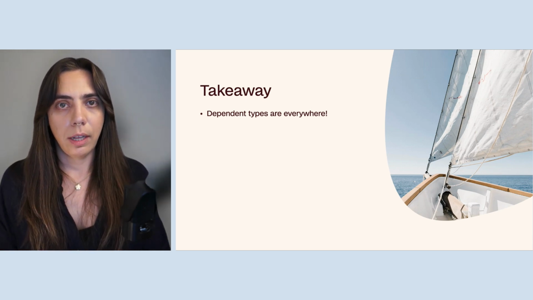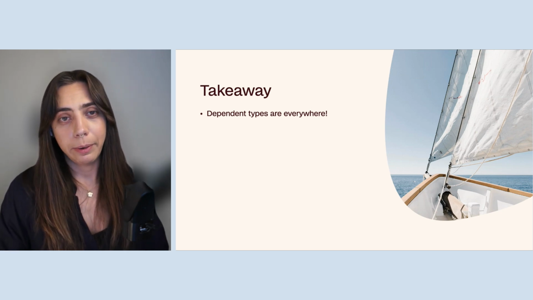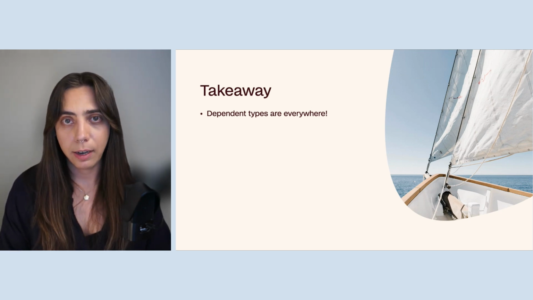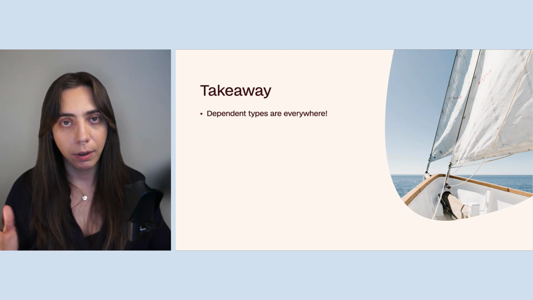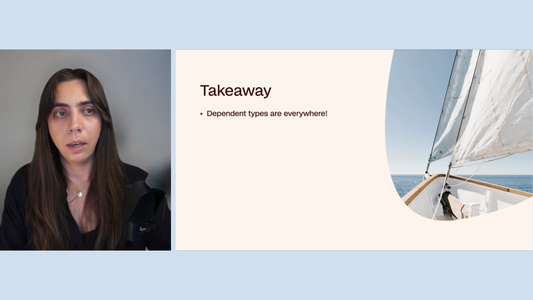But of course, that's not how we live in our everyday life. We live with programming languages without dependent types, which is totally fine and useful and works in a lot of cases.